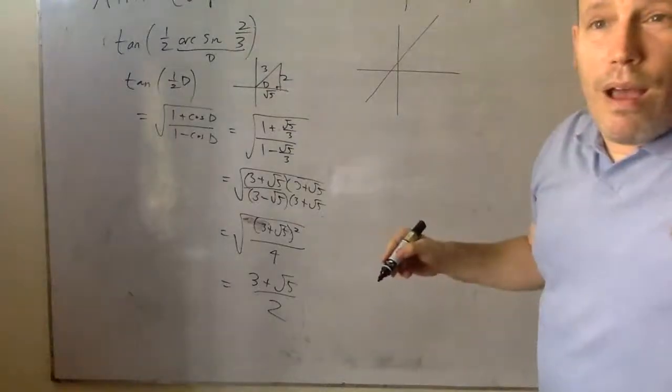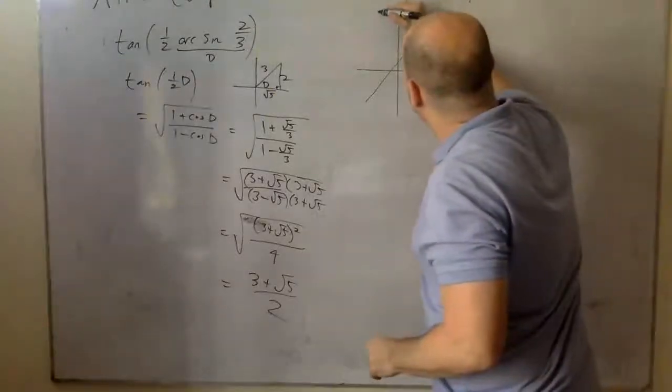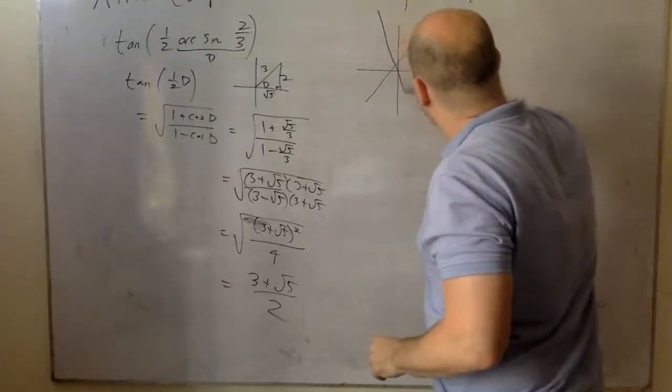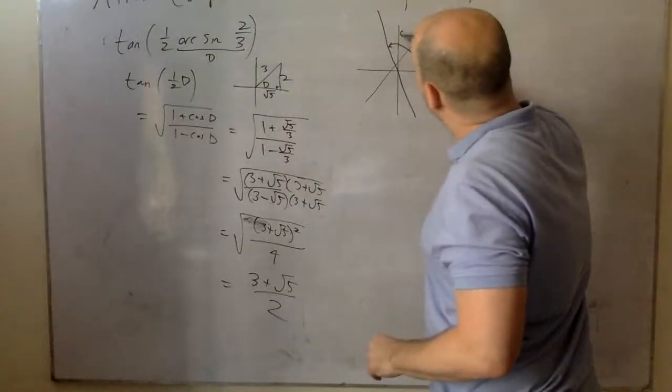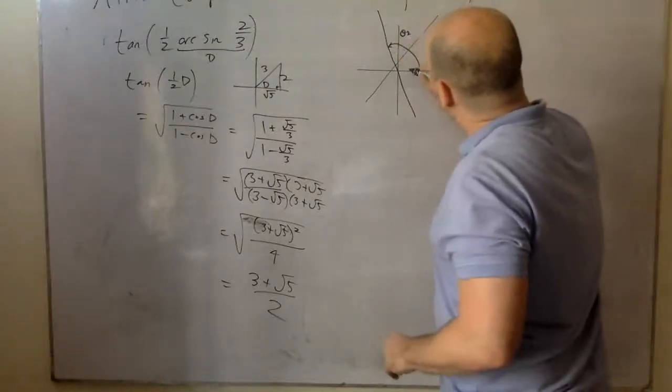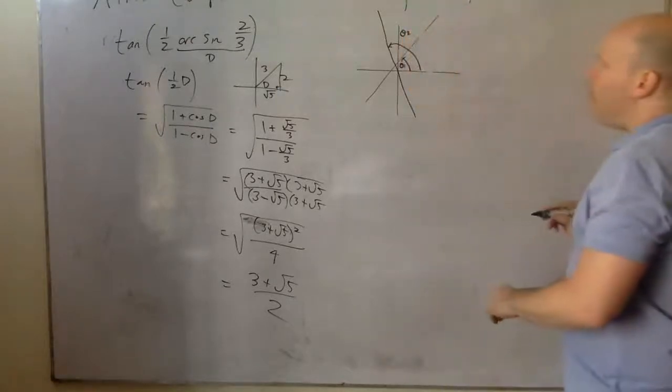And I have this angle here. So I have two angles. I have this rotation, let's call this theta 2, and this rotation here, theta 1.